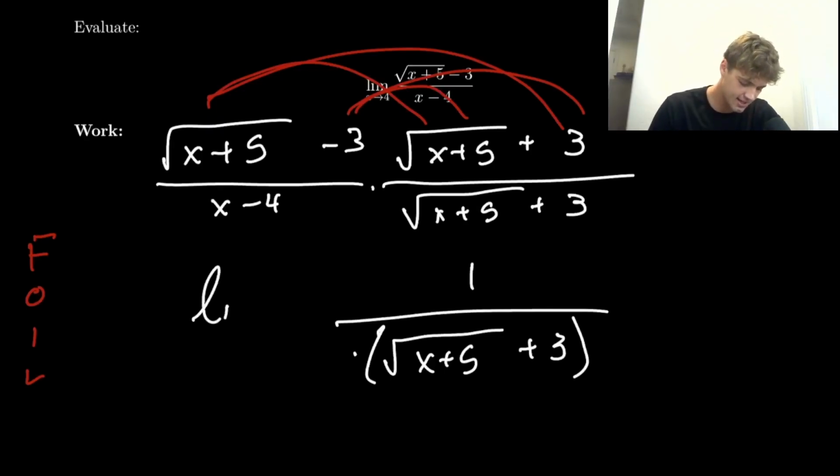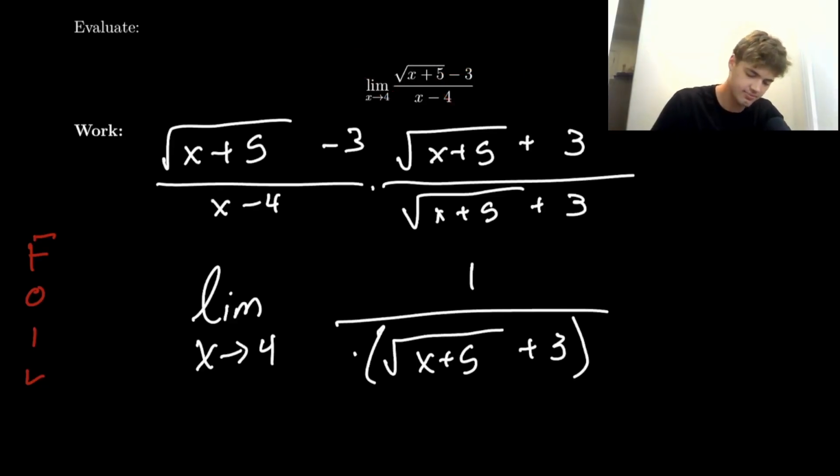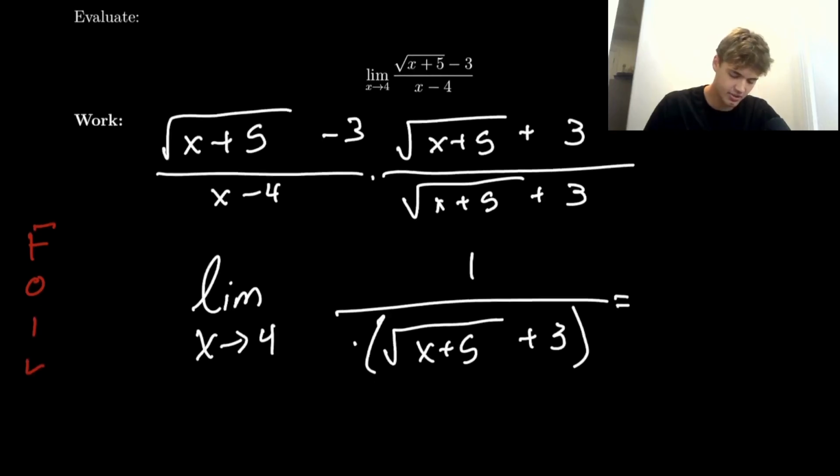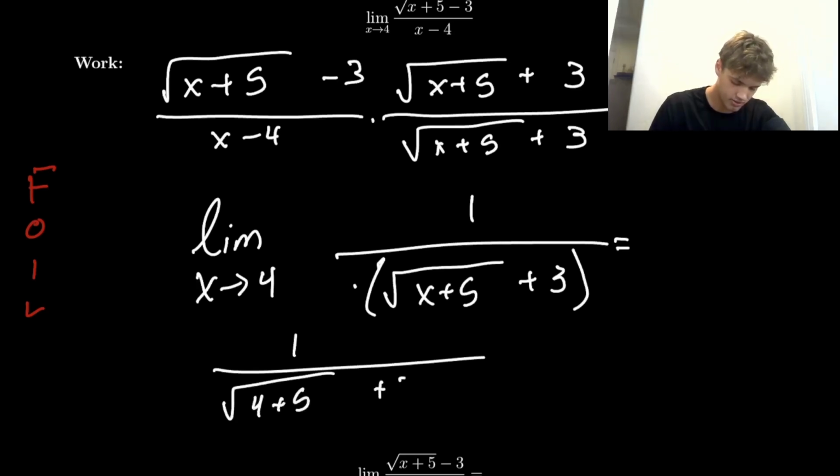And this right here, after multiplying by the conjugate, is actually a nicer function to do the limit on, and it will give us the same answer. So, if we use direct substitution now, what we get is 1 over square root of 4 plus 5, plus 3. Square root of 4 plus 5 is the square root of 9, plus 3.